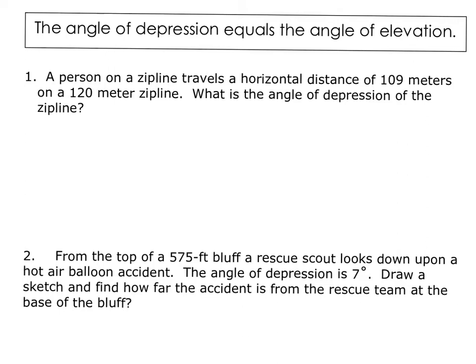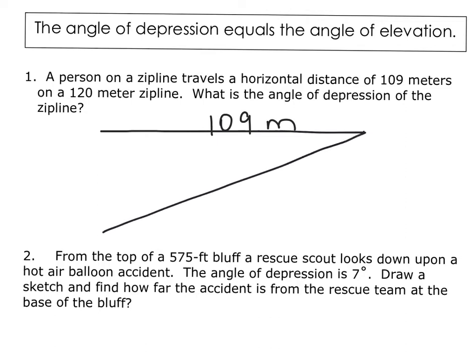A person on a zip line travels a horizontal distance of 109 meters, so they're going this far, and they're going to zip down a line. And the zip line is actually 120 meters long. So we want to figure out what is this angle of depression.